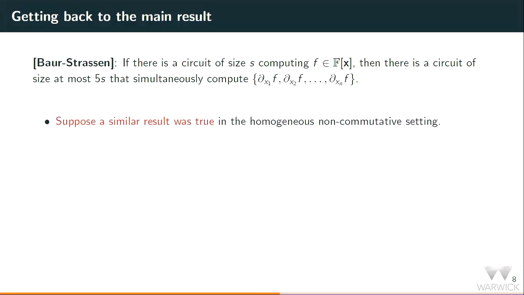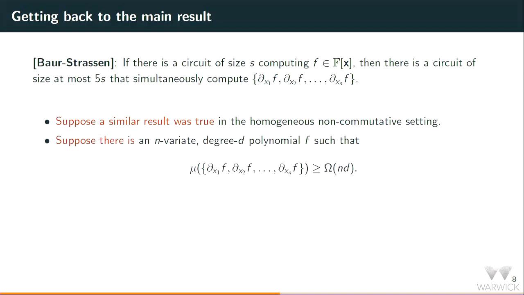So what we want to do is say that such a result even holds in the homogeneous non-commutative setting. Bauer-Strassen as it is is for general circuits in the commutative setting.